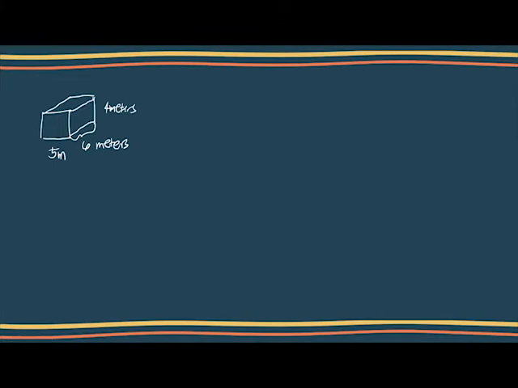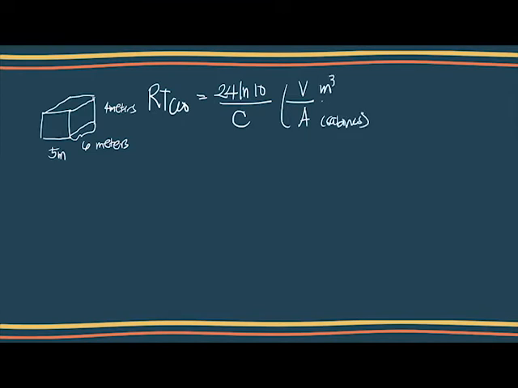Before that, we should know the formula for solving the reverberation time RT60. RT60 is equal to 24 times the natural logarithm of 10, divided by the speed of sound in our room, C, multiplied by the volume of the space, divided by the total absorption in sabins. The volume is in cubic meters.